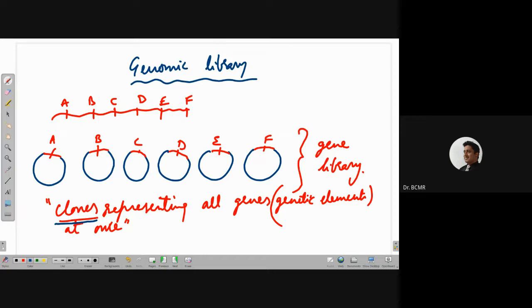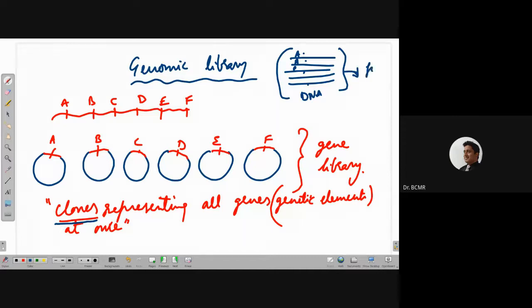Why are we saying once? If we take a genomic library, you'll take multiple copies of this genome when you collect from several thousands of cells and get the genomic DNA. So A is represented multiple times, and each of these genes is represented multiple times in the genomic isolation that you have done.